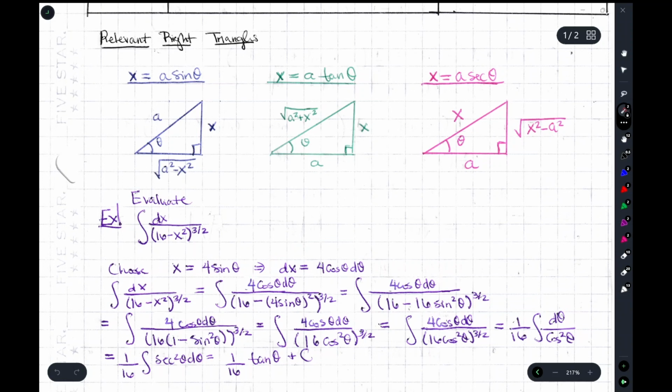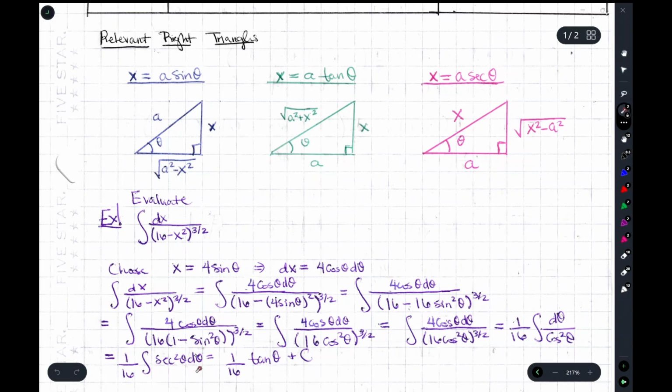And let's see what we earned with doing that substitution. So we'll have this 16 minus 4 sine theta squared in the denominator. The dx is 4 cosine theta d theta. And now we could factor out that 16. Okay, that's why you choose x equal to 4 sine theta.